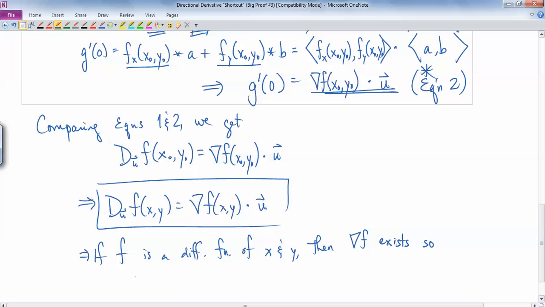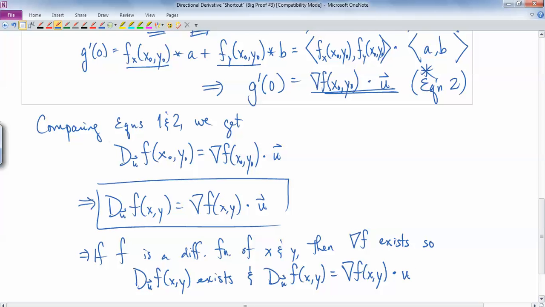So then we can say that the directional derivative has to exist because it's based on that and the unit vector. Okay, so there's the conclusion sentence.